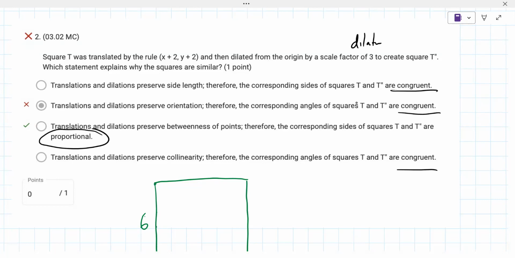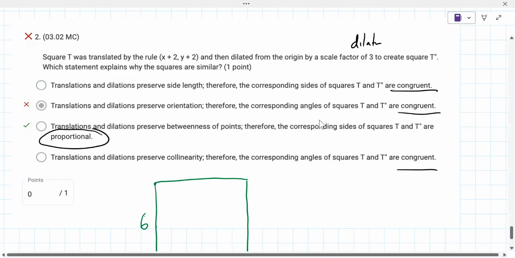Because I thought that translations and dilation preserve orientation. Then it says that squares T and T prime are congruent. Yeah, I can kind of see that. When I was doing this, I didn't really know what betweenness of points was.